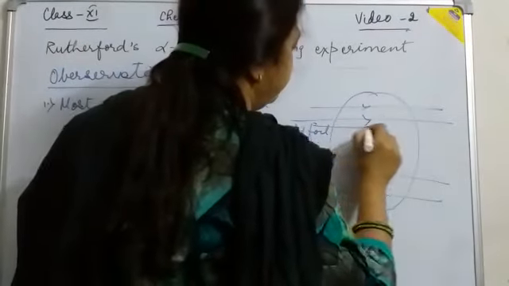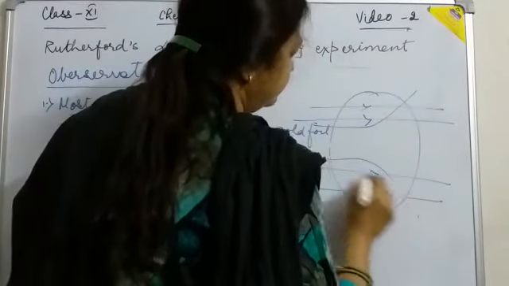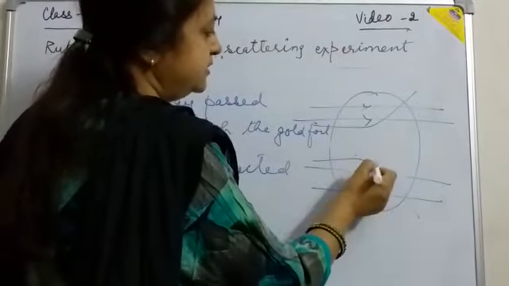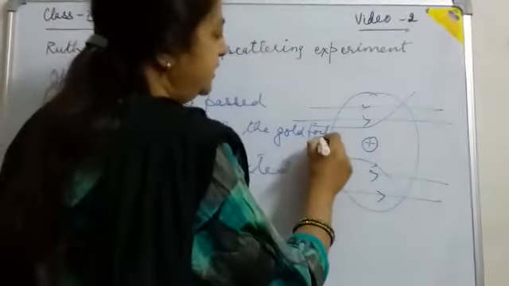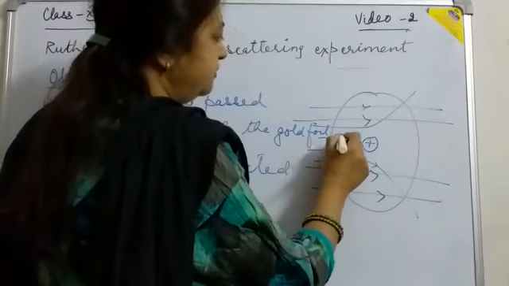Some of them deviated by small angles means there must be some positive charge present at the center of the atom, and very few rebound.